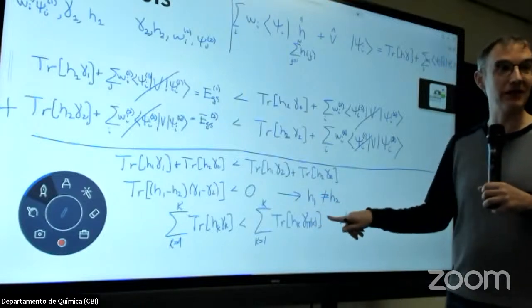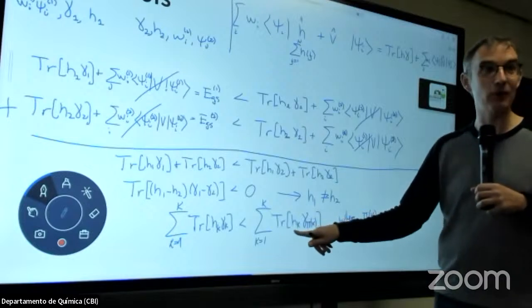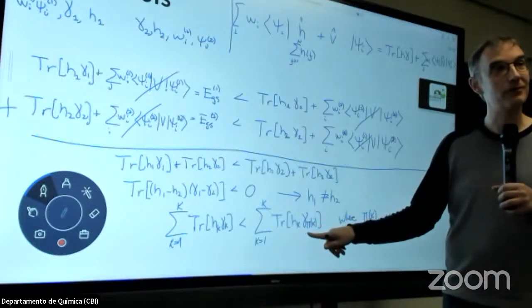So I shuffle up the density matrices, and then I multiply by the one-body operator.